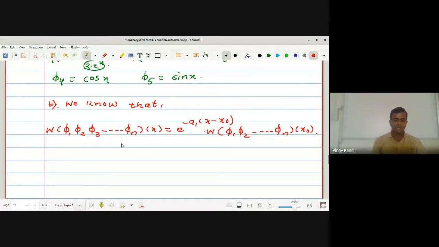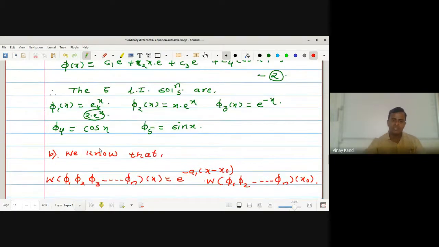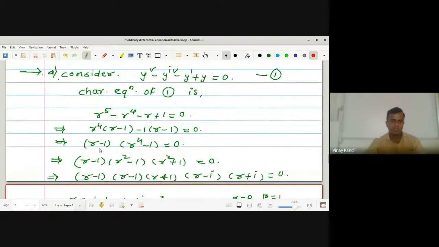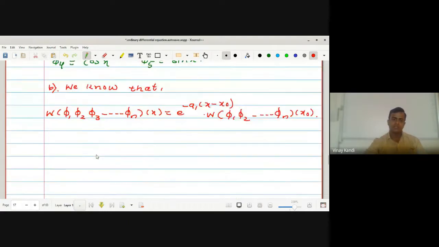Okay, now what is the value of a1 here? बघा a1 ची व्हॅल्यू काय? -1. Okay, here a1 is equal to -1. It implies minus a1 काय येणार तुमचा? +1. Okay, and take x is equal to 0.